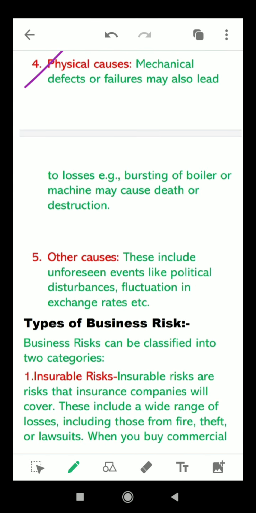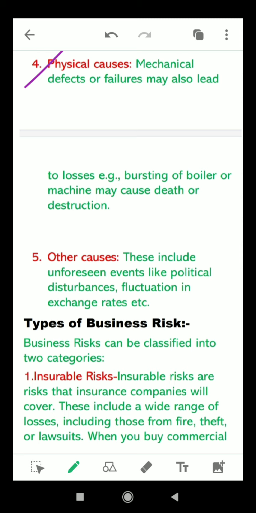And number 4 is physical causes. Mechanical defects or failures may also lead to losses. Example, bursting of boiler or machine may cause death or destruction. There may be technical or mechanical or other reasons which may become the cause of risk. There may be mechanical failures in machine which may cause damage or loss.